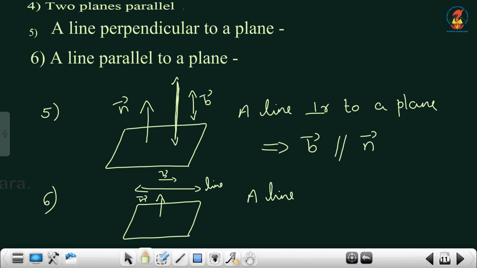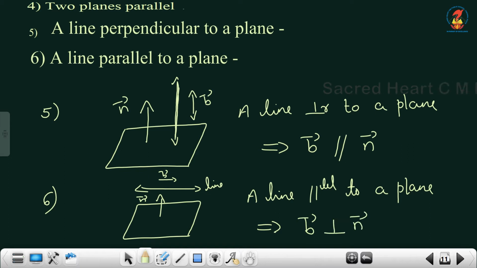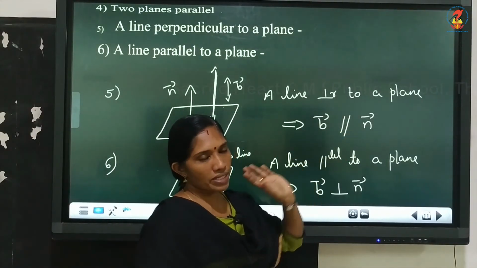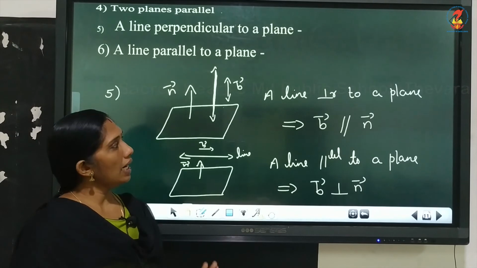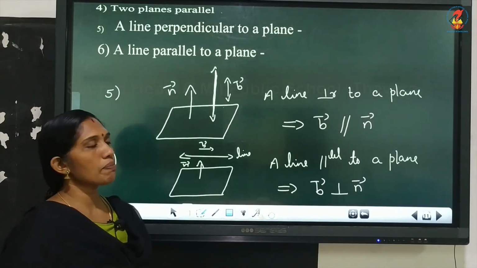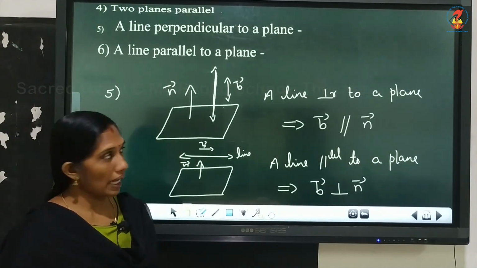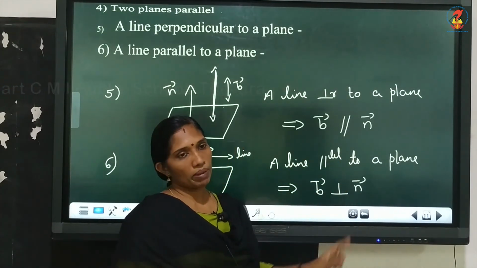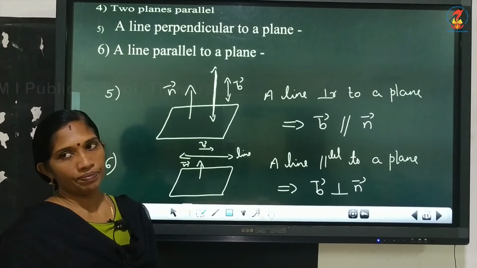A line parallel to a plane means vector B and normal vector are perpendicular. So the dot product equal to 0. Here they are parallel. So just opposite. Okay. Line perpendicular to plane means parallel vector and normal vector are parallel. Line parallel to a plane means parallel vector and normal vector are perpendicular. Okay.